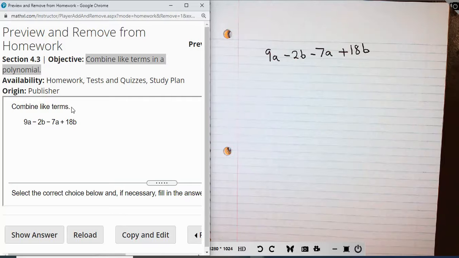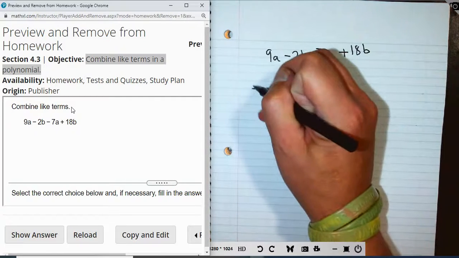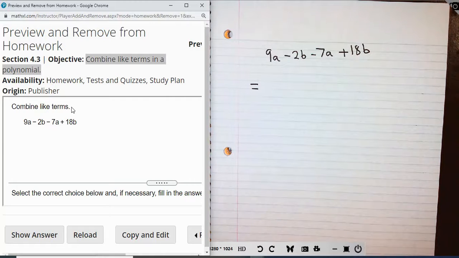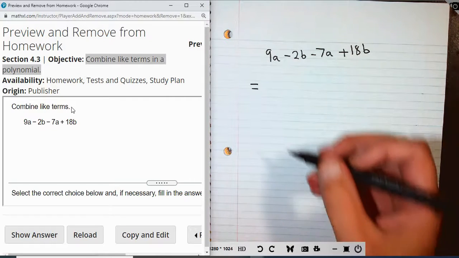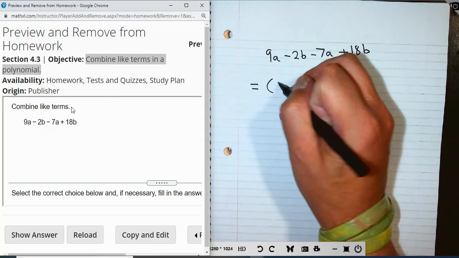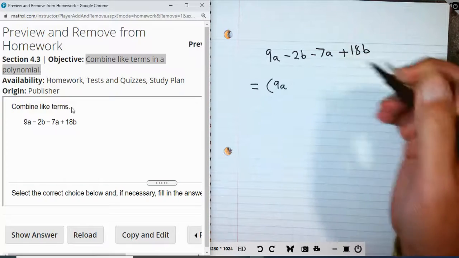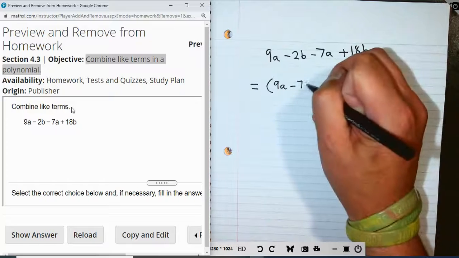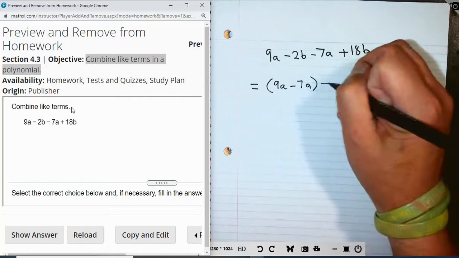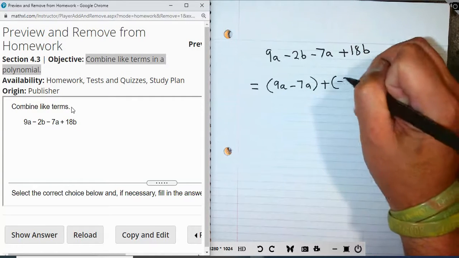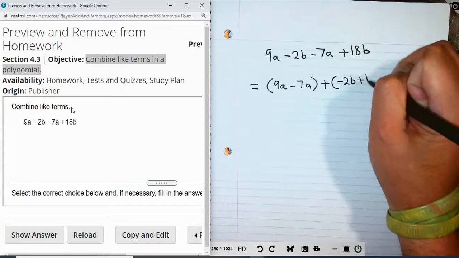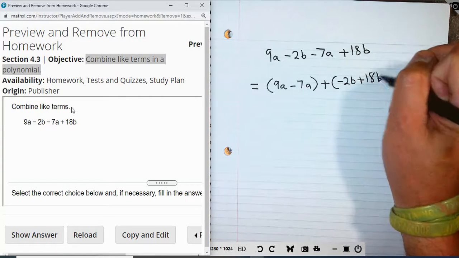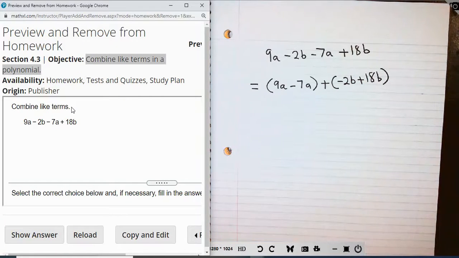Those are like terms. I'm going to write something here that you don't necessarily have to do when showing work: I'll put the two terms that go together in parentheses, just emphasizing what we're doing. We're putting the a's together and the b's together.